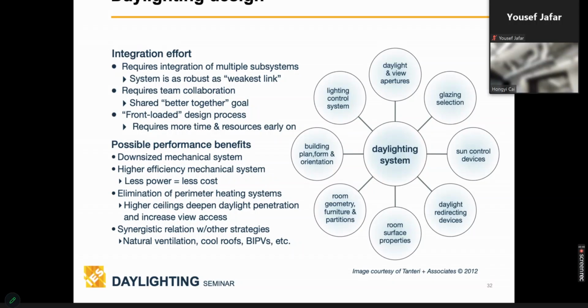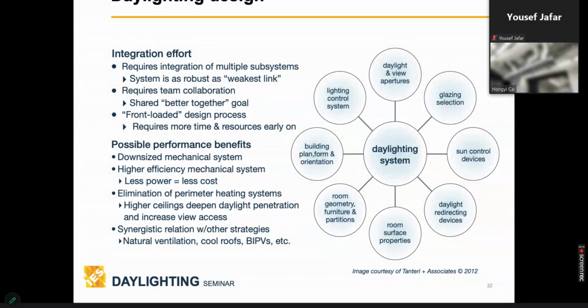Elimination of perimeter heating systems. This is for some spaces in cold zones. Say if you have the daylighting windows designed so nicely, you basically can reduce the heating load in the peripheral area of your building because the solar heat will make it up. Okay, you will have solar heat and use that space.